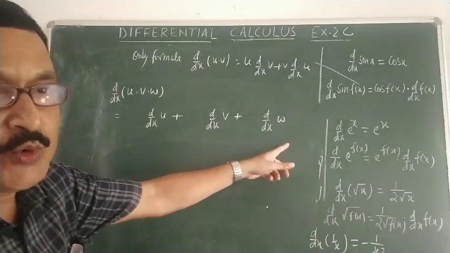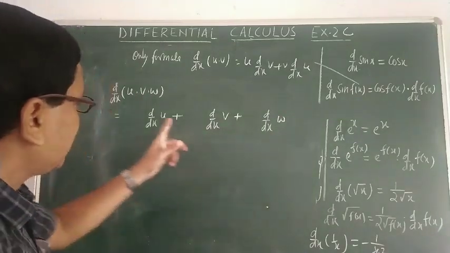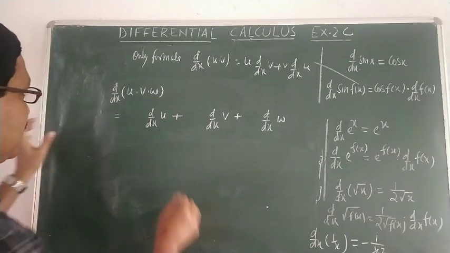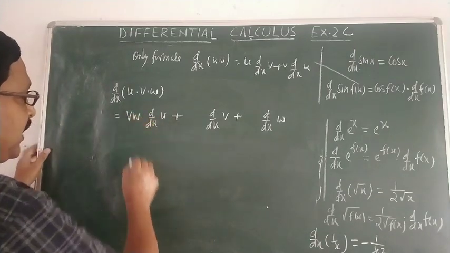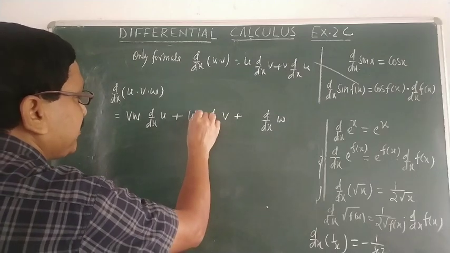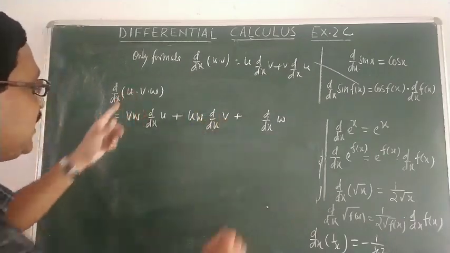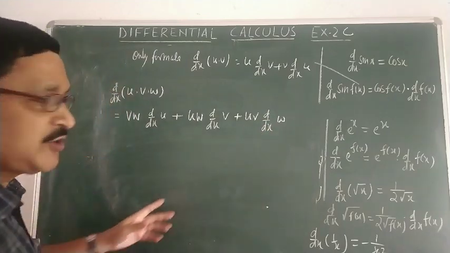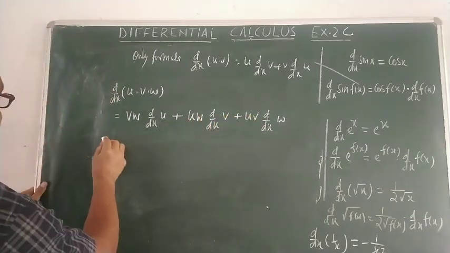Now u, v, w are taken in differentiation. So remaining, excluding u, you are left with vw, and excluding v, you are left with uw, and excluding w, you are left with uv.